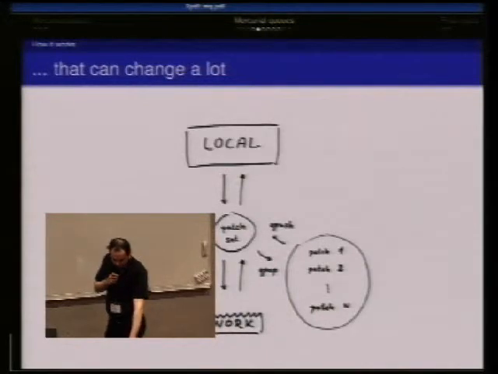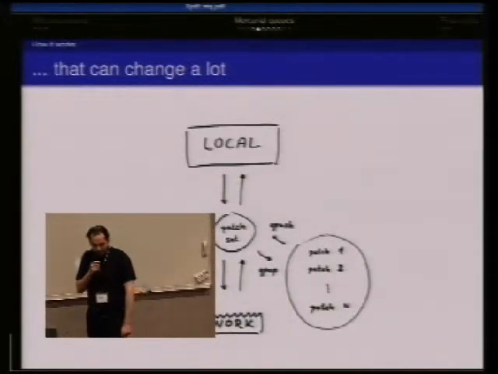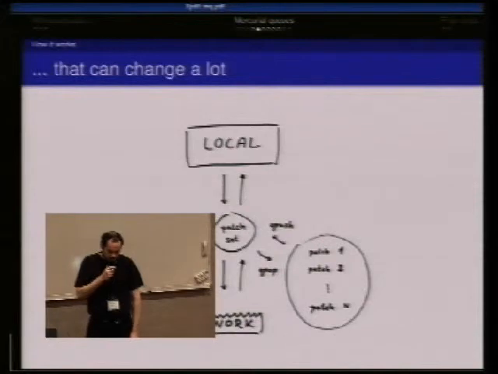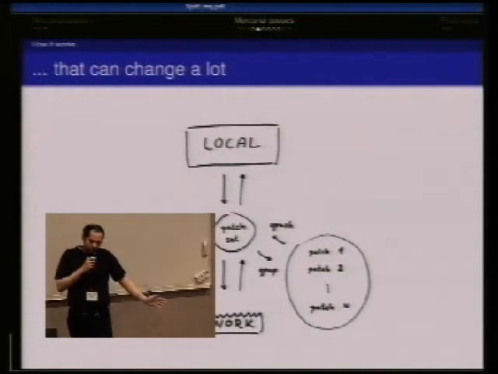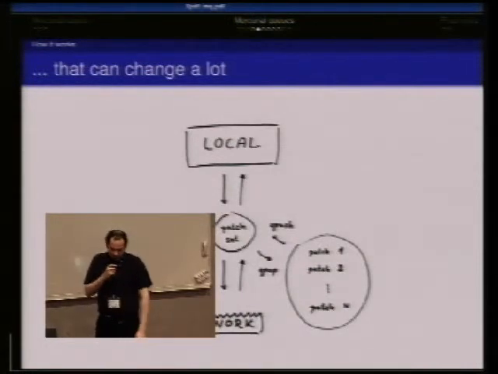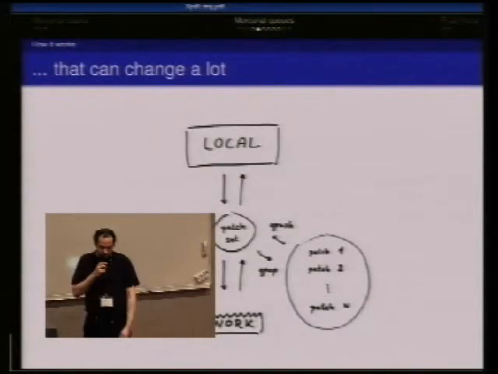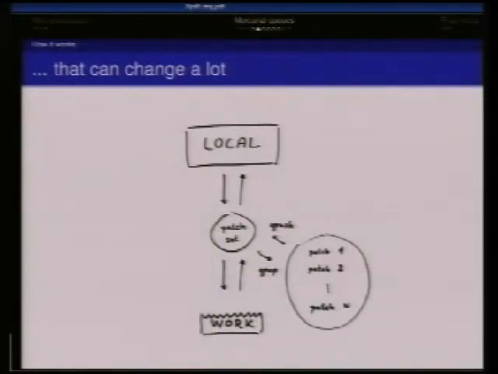Now, that sounds interesting. And what does that mean? We have a couple of patches. We can push them on the patch stack, then edit them, refresh them, pop them out. We can reorder them. But that's not really all.